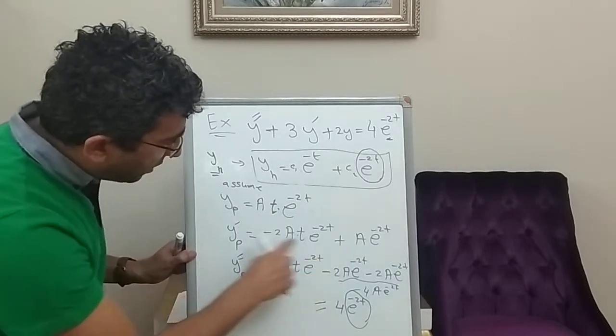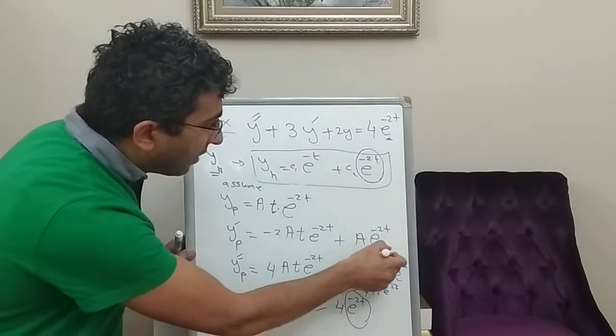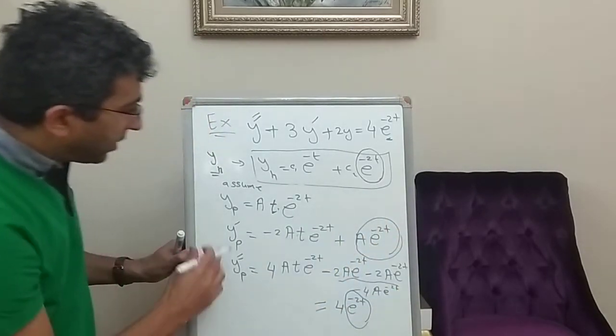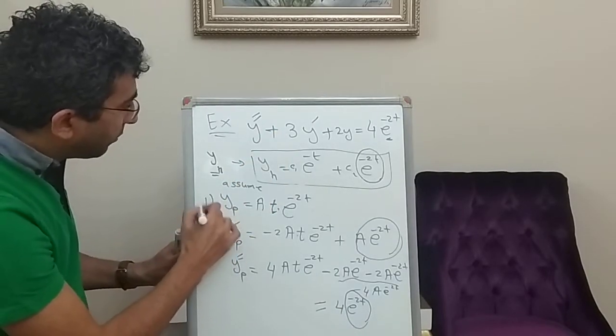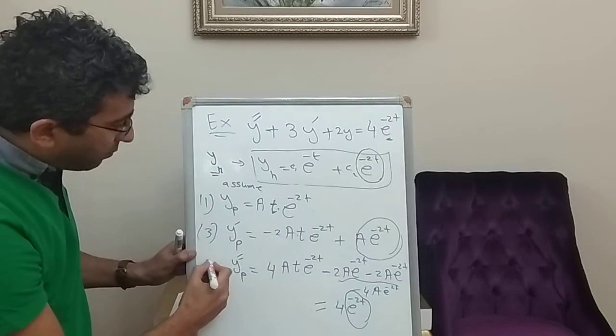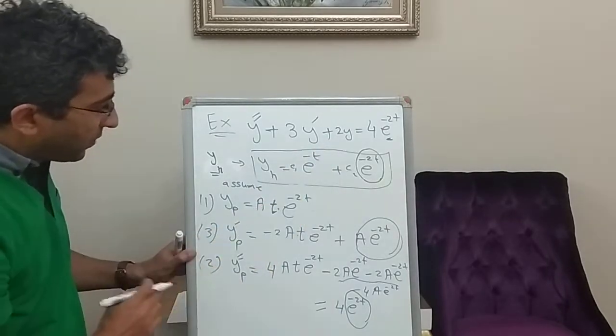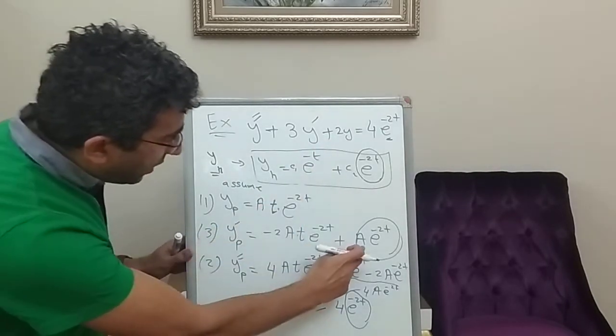Do you have e to the minus 2t? Yes, I have this, and I should multiply this by 3 because I have 3 here. So this is multiplied by 3, this by 1, this by 2. So it will be 3 times that.